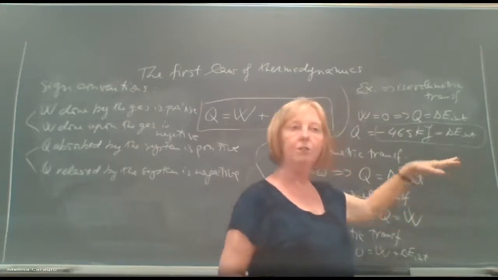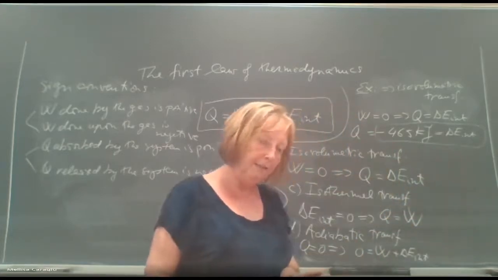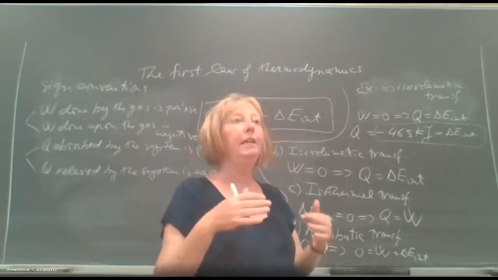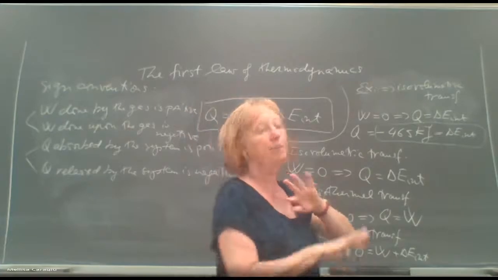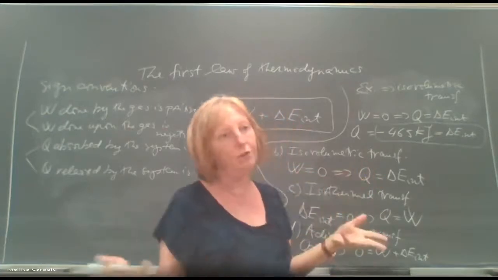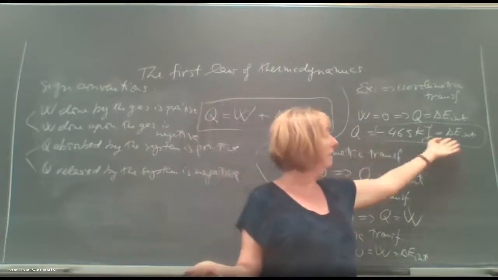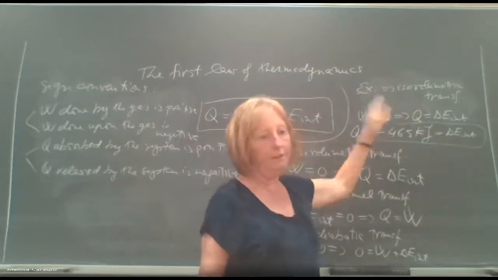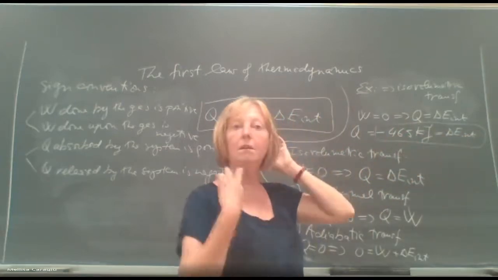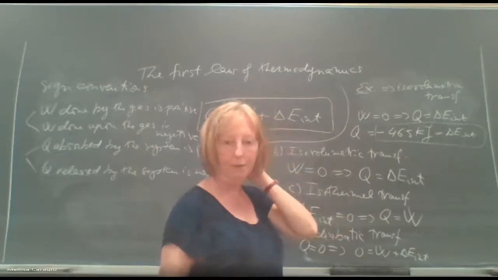So internal energy final is less than internal energy initial. That means temperature final is less than temperature initial. So basically the gas cooled off. That's the understanding of a negative change in internal energy: the temperature of the gas decreased.